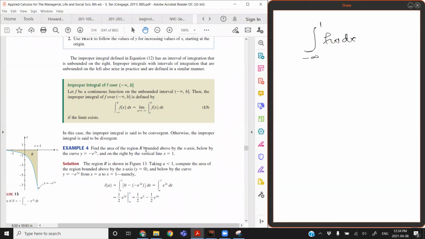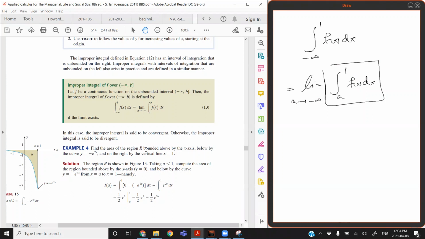Then the only thing you need to do is write this in terms of a limit, the integral from a to 1 of f of x dx, as a approaches minus infinity. First you get this, you replace whatever you have here with the value of the integral, and you take the limit. And you're done.